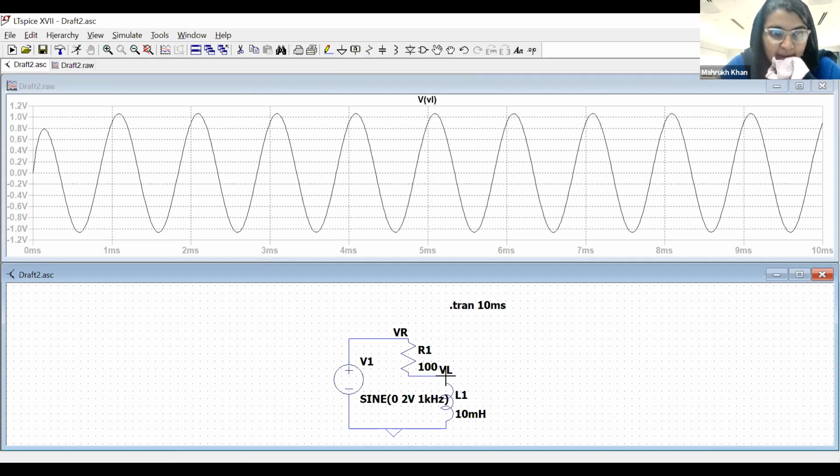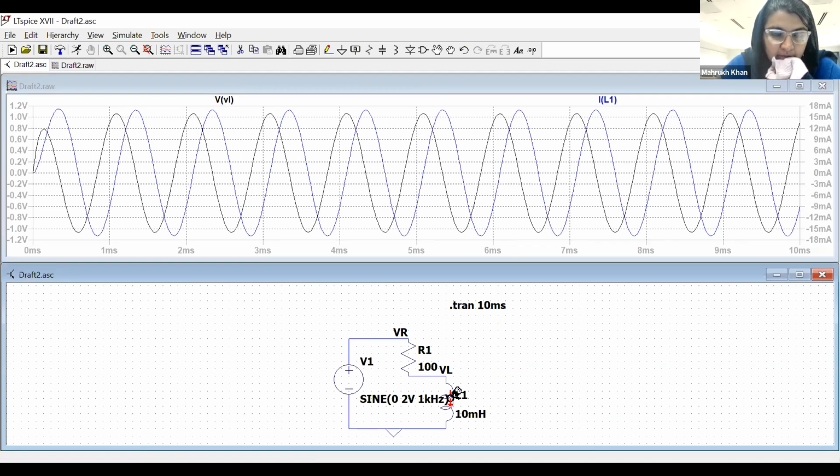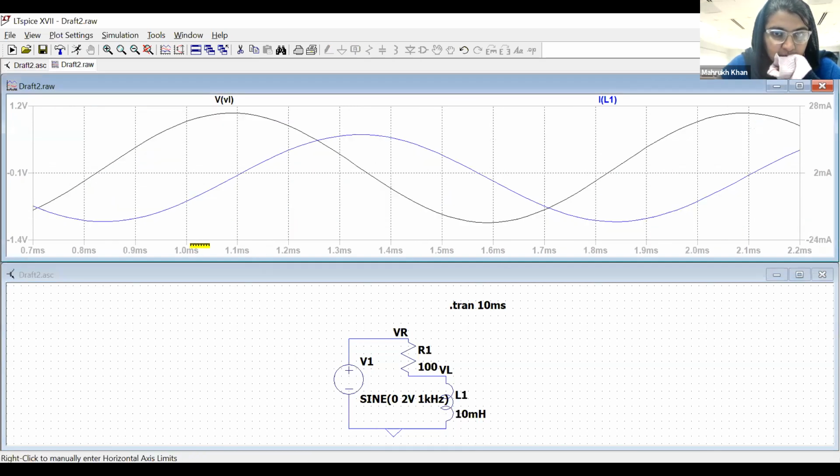So VL is 1 volts approximately and current. So you can see here, I think, if I just try to see that, when your voltage across inductor is maximum, your current across inductor is minimum, right?